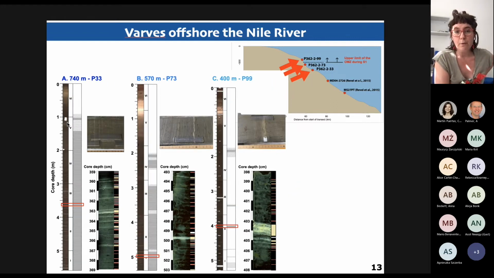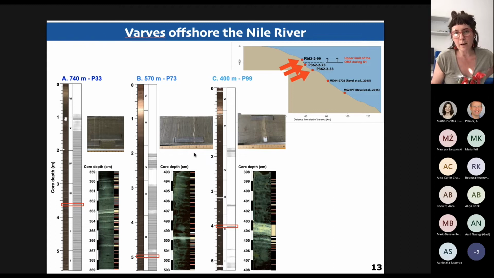So that's really the upper level of this anoxic boundary. So here is a little overview of the varves and of the, let's talk about laminations first. So here is the deeper core, and you can see the laminations are extremely well preserved. That's the core we are going to talk about mostly.